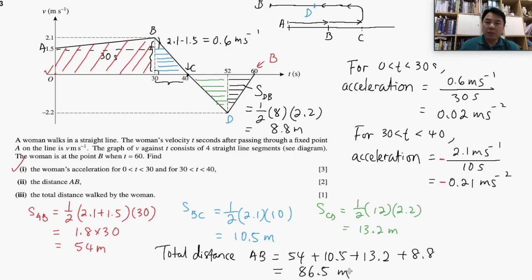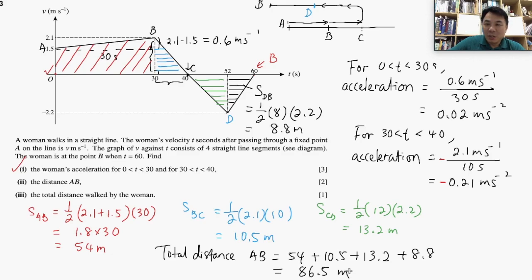Okay, so there you have it. The total distance between A and B is 86.5 meters. I hope that is clear at this point. Now, the last question is the total distance walked by the woman itself.